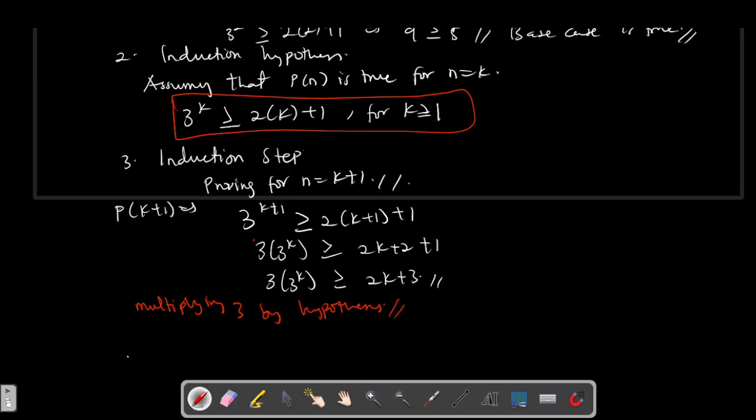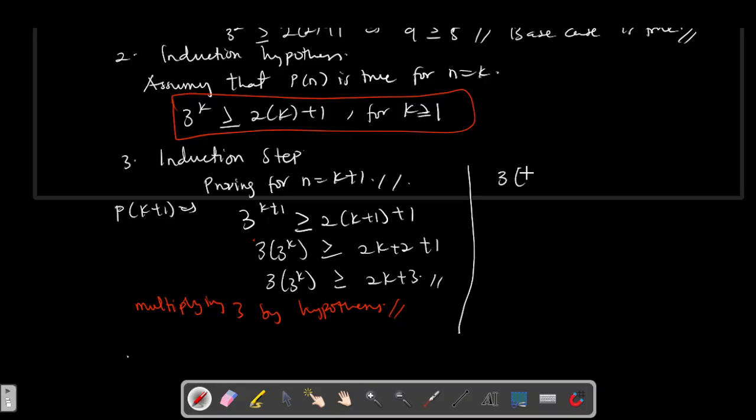One thing I will let you know here is, when you are doing mathematical induction for inequality, it doesn't really have a formula. It's about you being able to prove what you are doing. So multiplying 3 by my assumption should also help me.